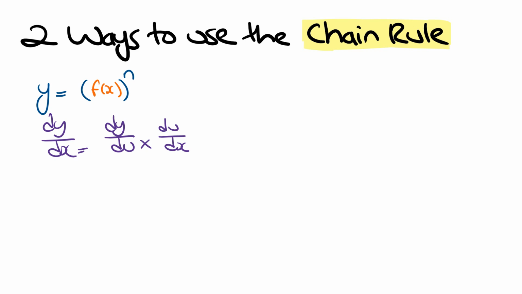What do I mean in power form? Well, if we want to differentiate the square root of a function, let's say y is equal to the square root of some function f of x, then in power form we can write this as y is equal to the function f of x raised to the power of a half.